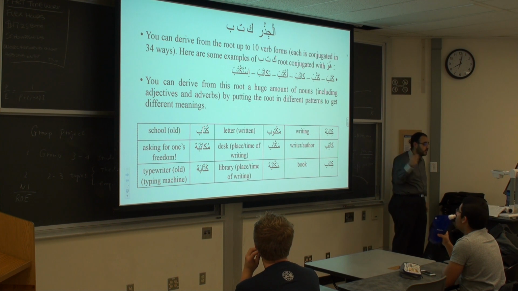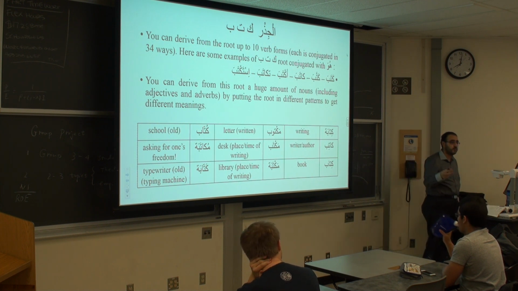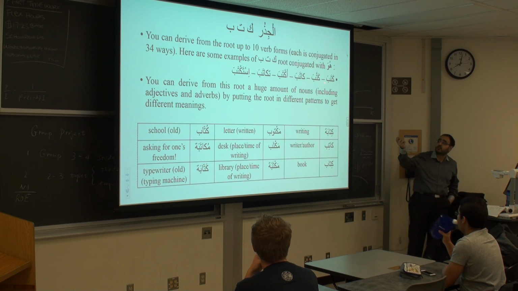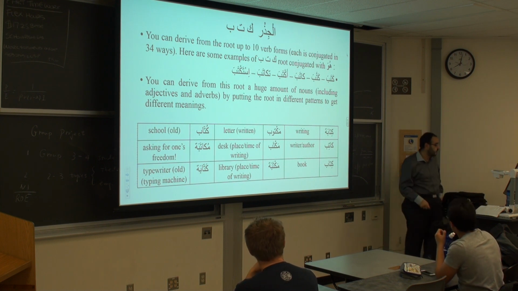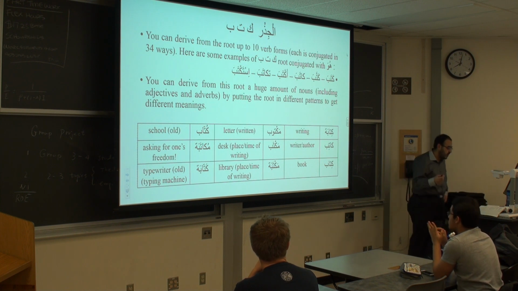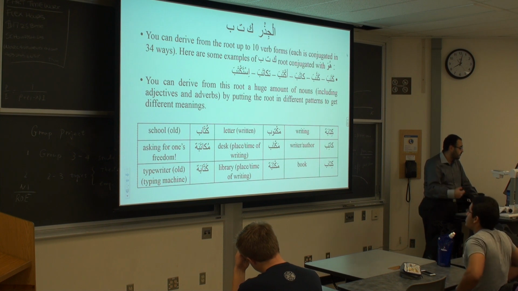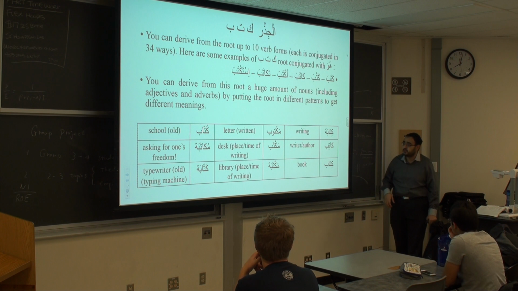Each one can be conjugated in 34 ways with different pronouns and tenses. So you can get 6 or 7 times 34, that's the number of words of verbs that you can derive from this root. You can derive tens or sometimes hundreds of nouns as well.